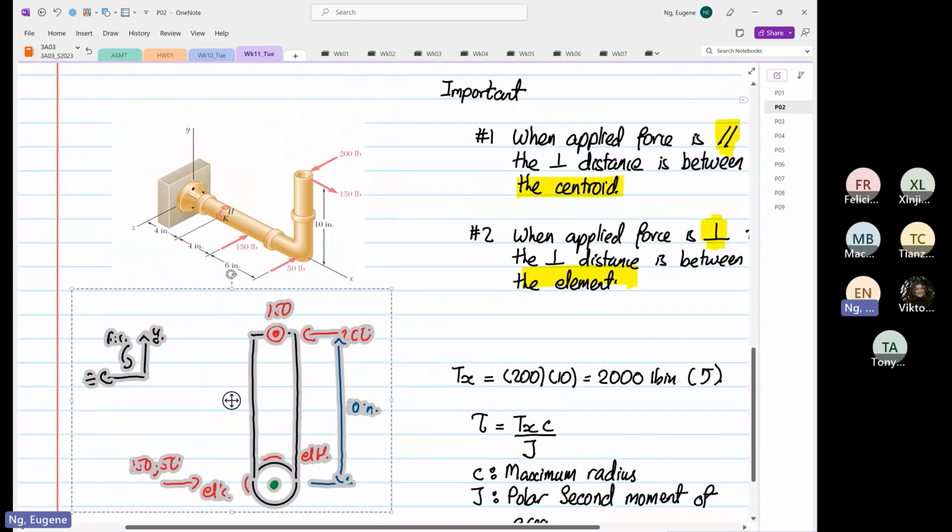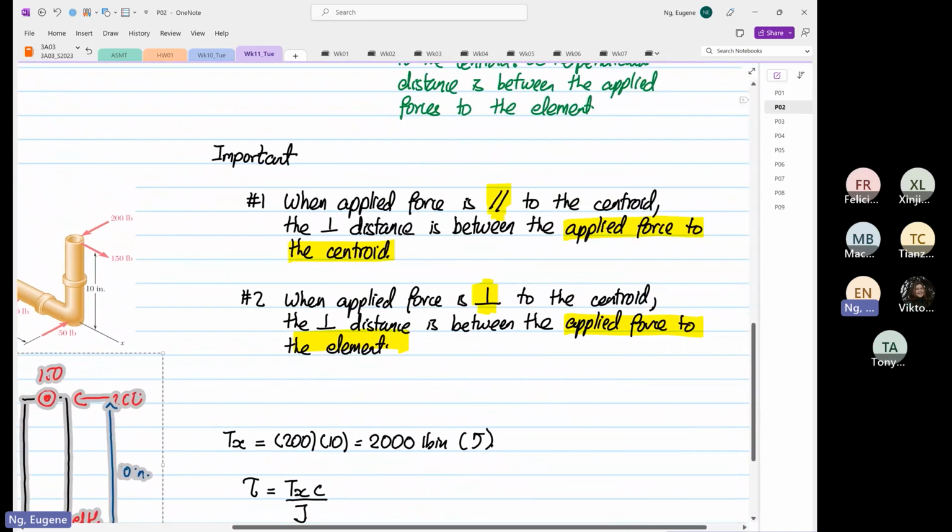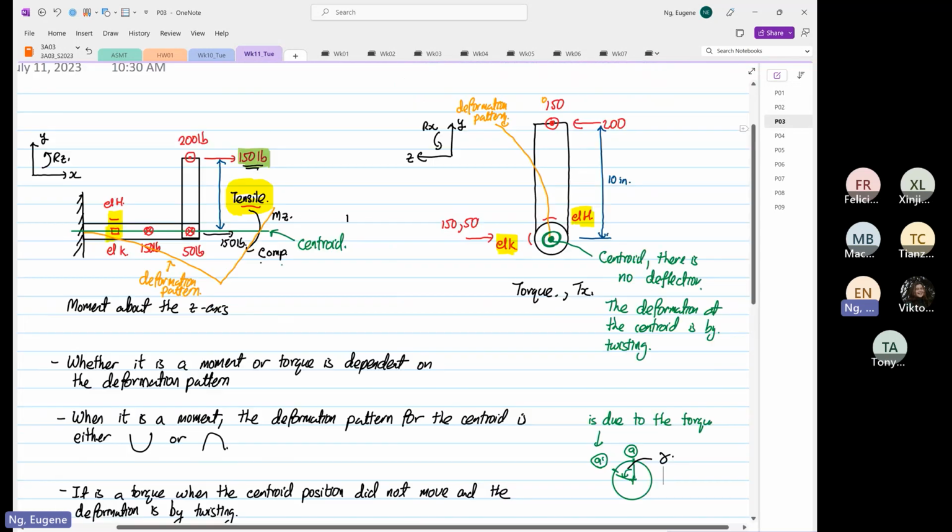What is more important is this. What we have learned is when the applied force is parallel to the centroid, the perpendicular distance is between the applied force and the centroid. When the applied force is perpendicular to the centroid, then the perpendicular distance is between the applied force and the element. And again, all is relative to the centroid.